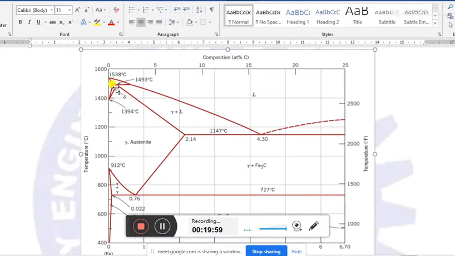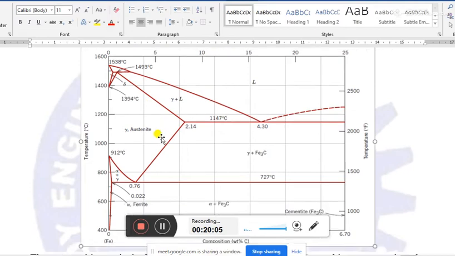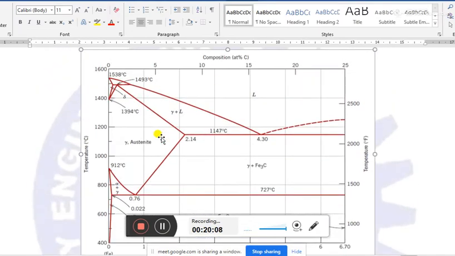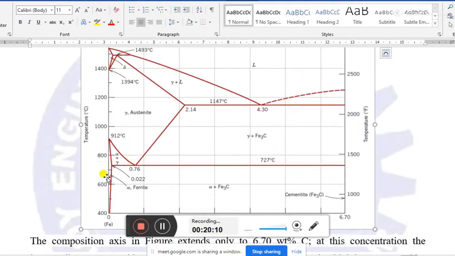But this is not actually the iron carbide phase diagram. The iron carbide phase diagram is actually these portions, after this phase boundary, where ferrite iron or alpha iron and iron carbide mixture is present.